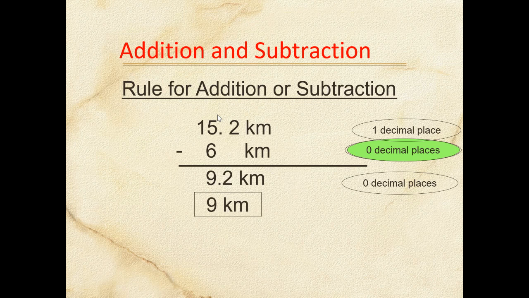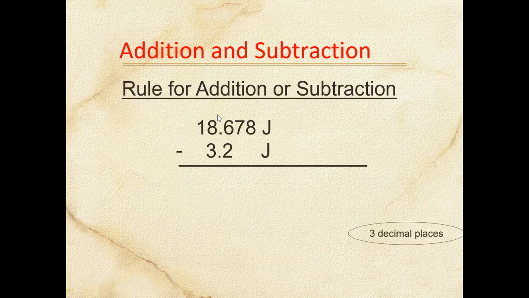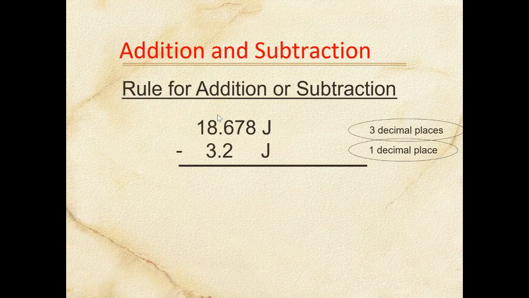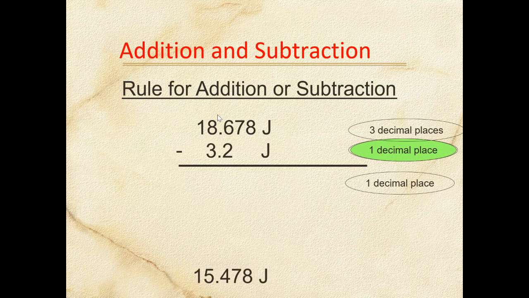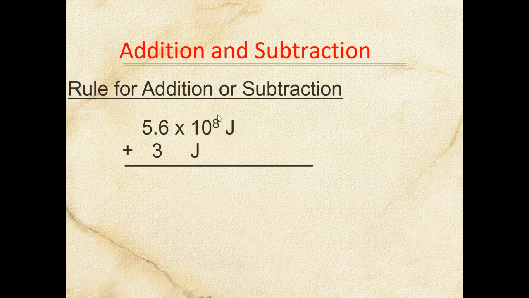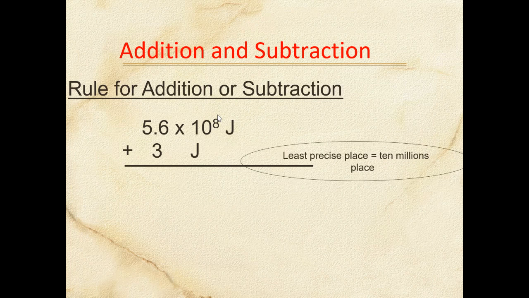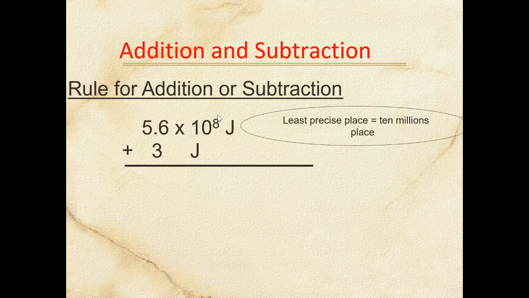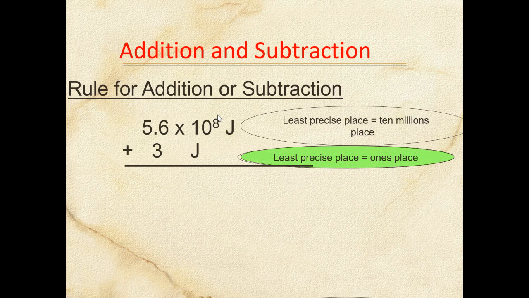Okay, we would round that down to 9 kilometers. Again, here we go. 3 decimal places, 1 decimal place, 1 is less. 1 decimal place is in our answer. There's our calculated value, and we have 1 decimal place after. So least precise and least precise place.